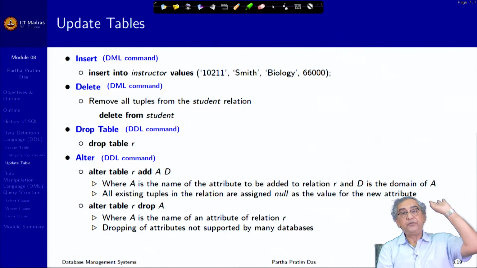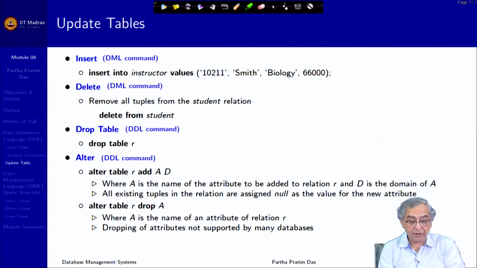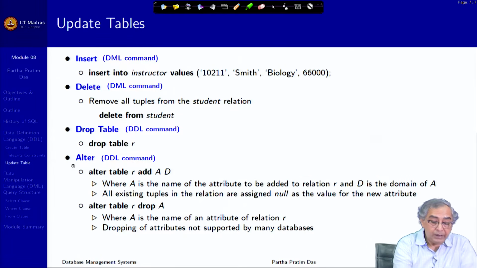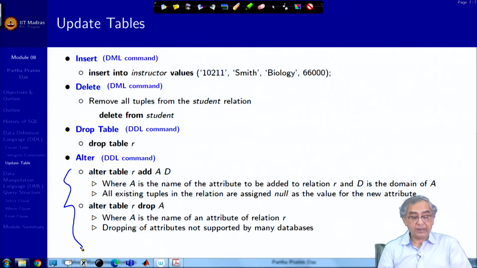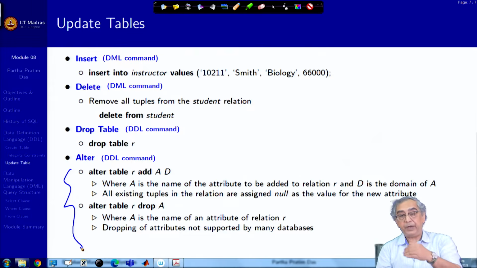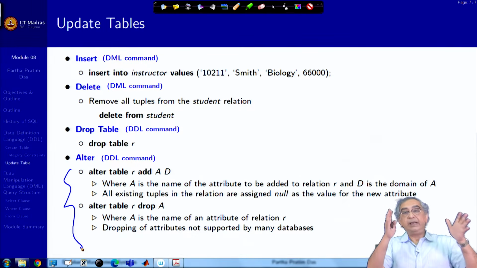So, that it will be removed from the data dictionary itself, or you can alter a table, add an attribute of a particular data type or drop a particular attribute. So, it is kind of editing the schema.